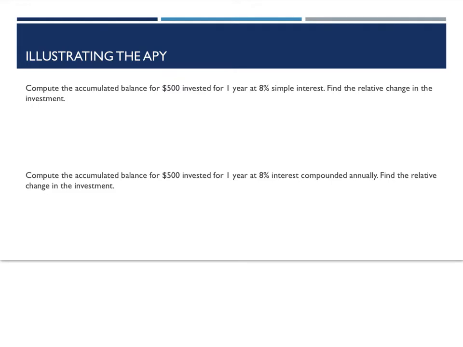Now first we want to find the accumulated balance if we invest $500 for 1 year at 8% simple interest. Simple interest is where we use the formula interest equals principal times rate times time.